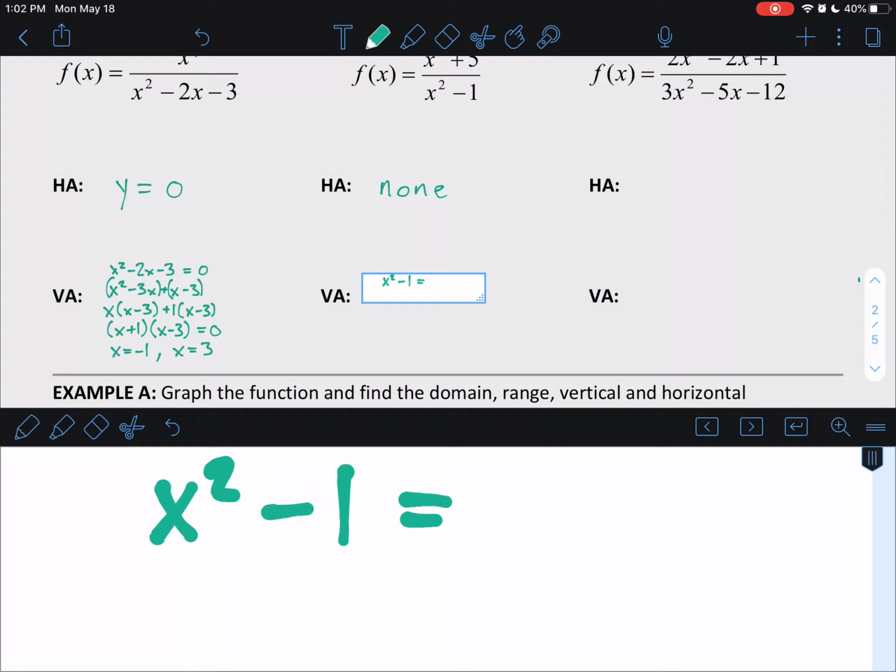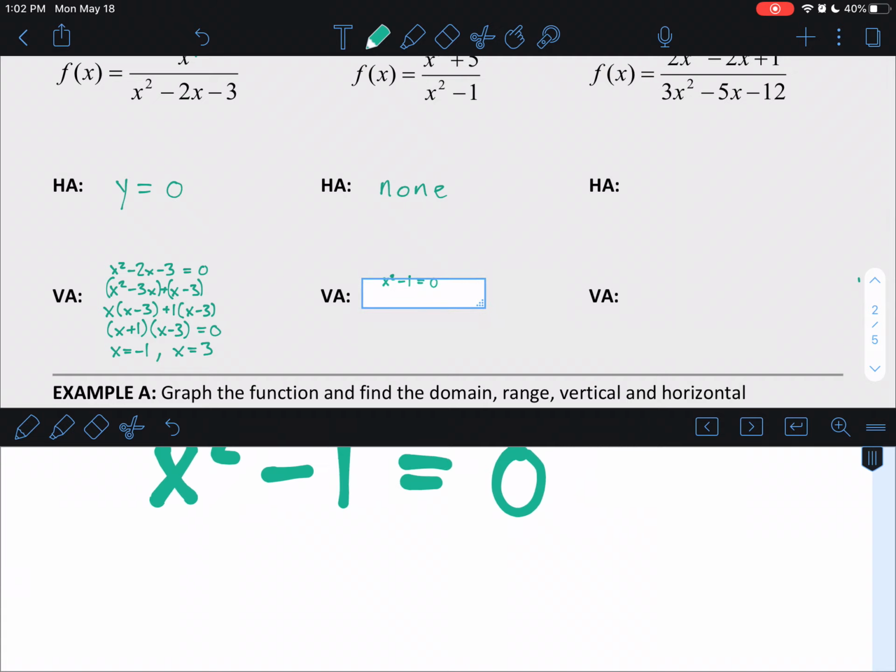minus 1 equals 0. And you may recall this, but instead of factoring this like a normal function, since there is no b, it's just x squared minus a constant, this is a difference of squares because x squared is a square and 1 is a square because it's 1 squared, and it's a difference because there's a minus sign.